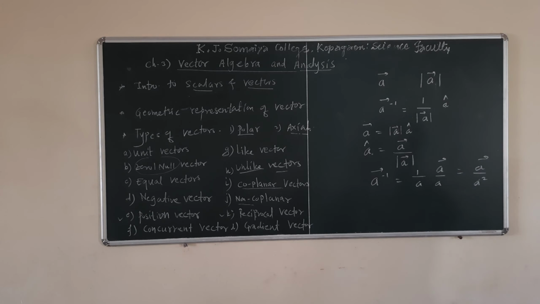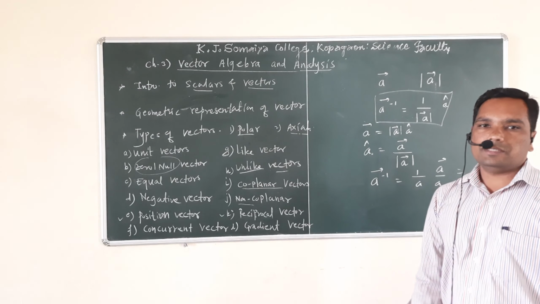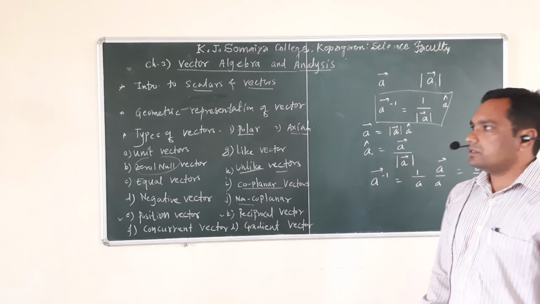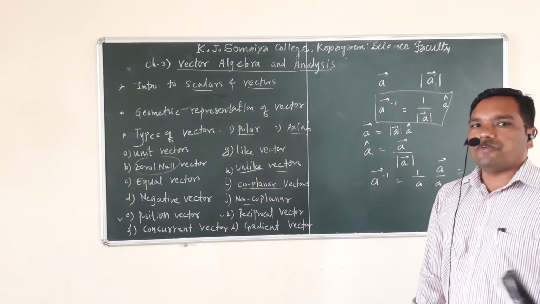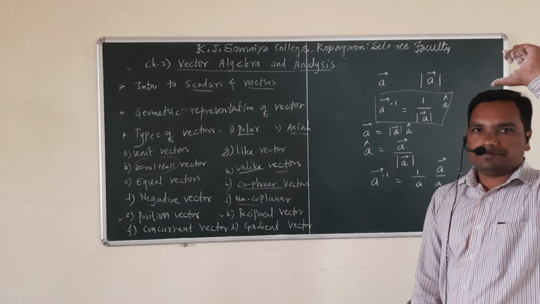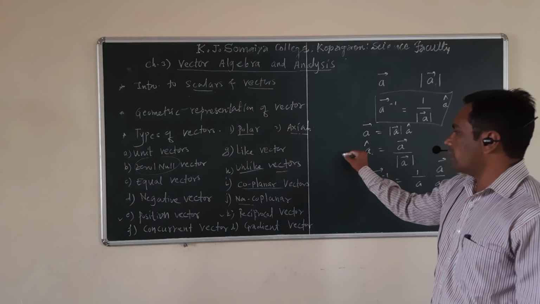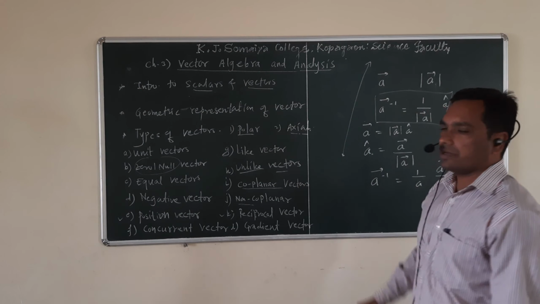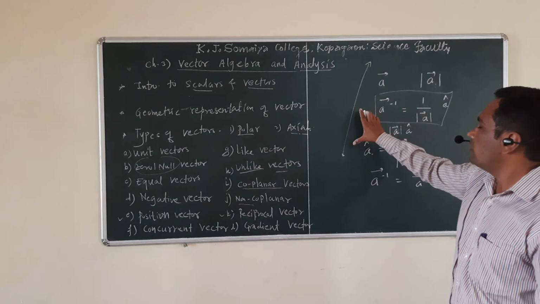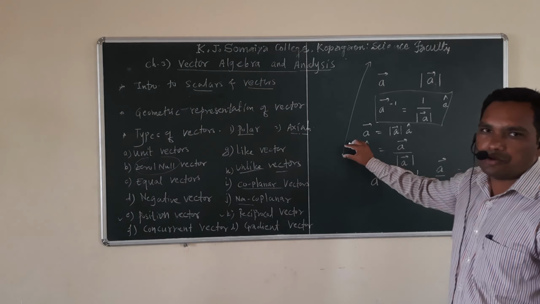Why do we take the reciprocal of any vector? Because there are some vectors which have very large magnitudes, like the starting point is over here and the ending point is over here, and we have to show only the direction of that vector and reduce its magnitude.